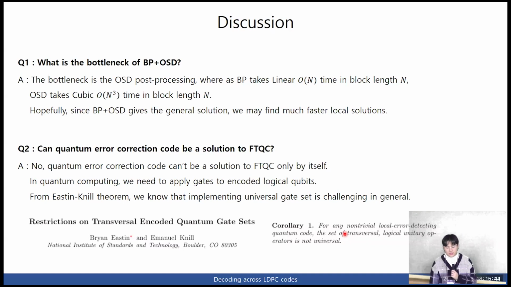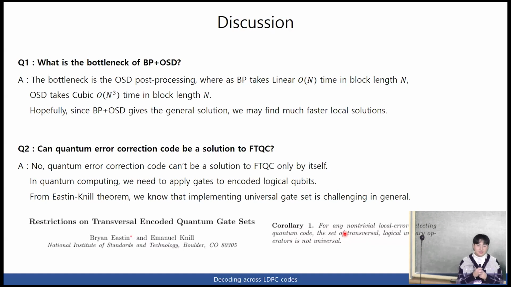The second question is whether quantum error correction codes can be the solution for FTQC. This is not quite true, because according to the theorem below, implementing a universal gate set is challenging in general. So we need other methods like magic state distillation and T-gate synthesis and so on.